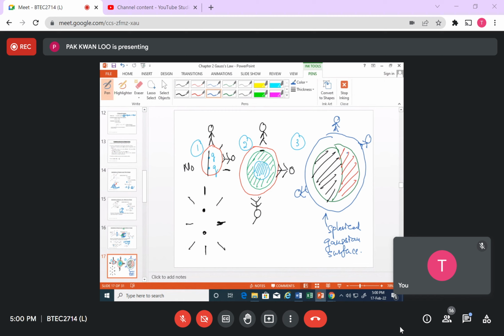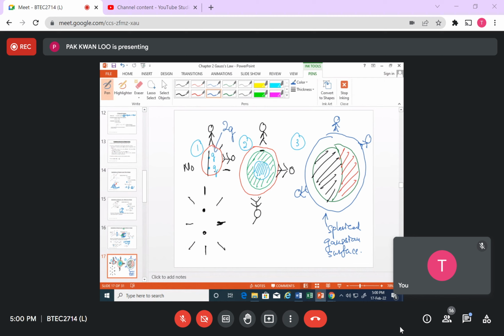Yes, we can calculate the flux. So how do we calculate the flux? The flux is just 2q. If we apply any surface to calculate the flux, flux is just the total charge, right? So yes, I can apply any Gaussian surface, and say the flux coming out from this Gaussian surface is 2q. You can say that.